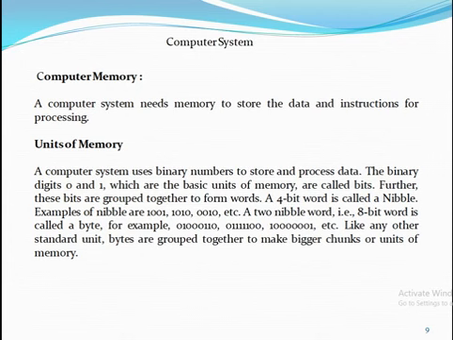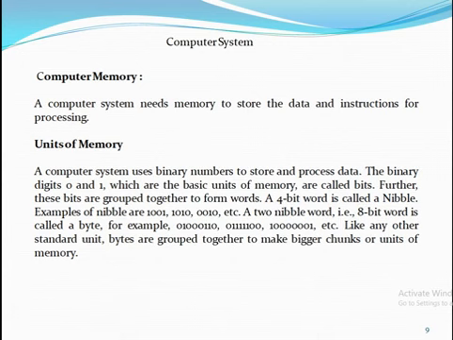The binary digits 0 and 1, which are the basic units of memory, are called bits. Further, these bits are grouped together to form words. A 4-bit word is called a nibble. Examples of nibbles are 1001, 1010, etc.